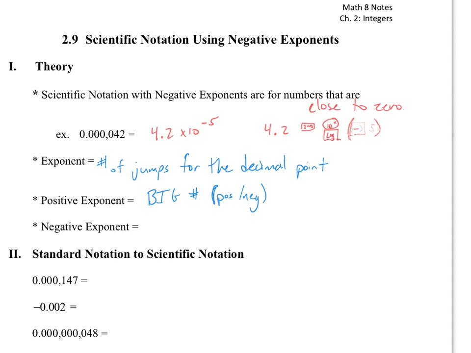42,762,000. That's a really big number. Big numbers, positive or negative. If you have a negative exponent, you're going to have small numbers, close to 0, and they can be positive or negative numbers.